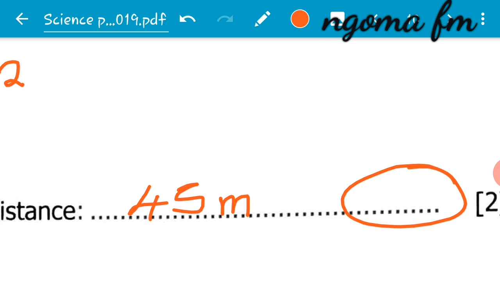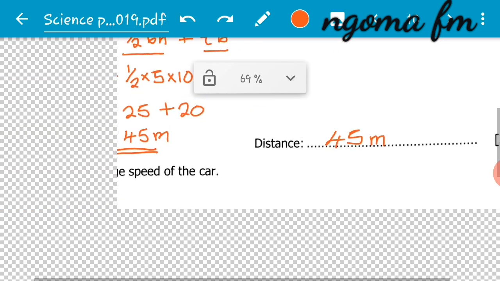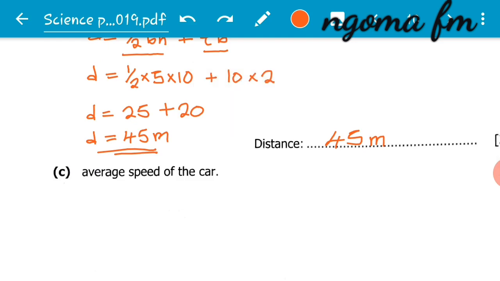So if the examiner has not put the units and you forget to put the units, then all your working may be, I say may be, in vain, because 45 alone is meaningless. It does not make any sense. It can mean anything.